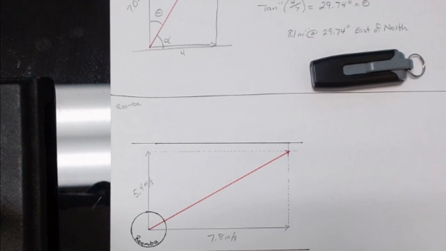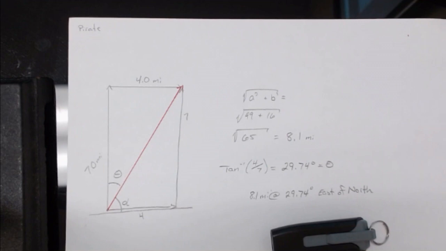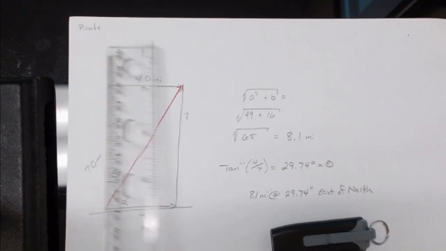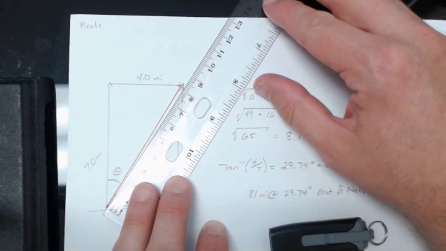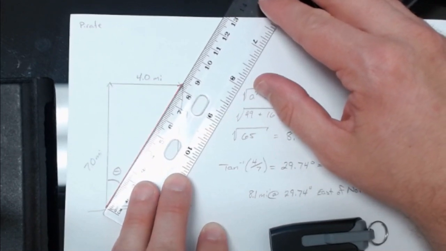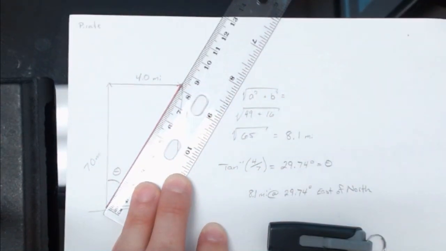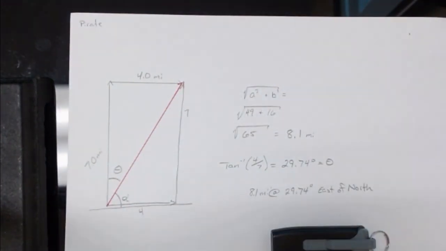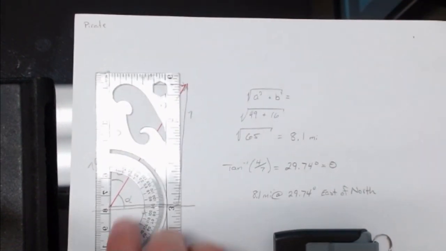Now here's the thing. In that first problem, up here, I took great care to measure out 7 centimeters up and 4 centimeters across. So ideally, I should be able to use this to see that that's a little bit more than 8. And because I did that to scale, I could also use a protractor to verify the angle there.